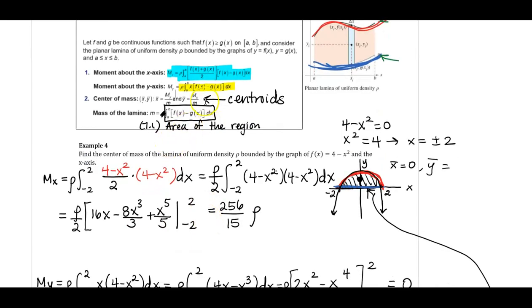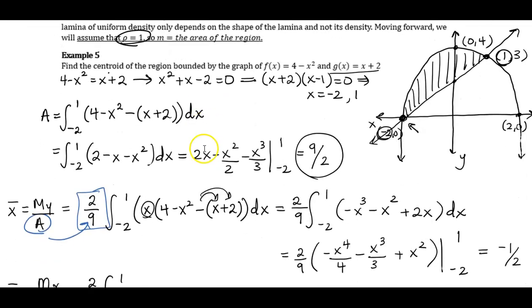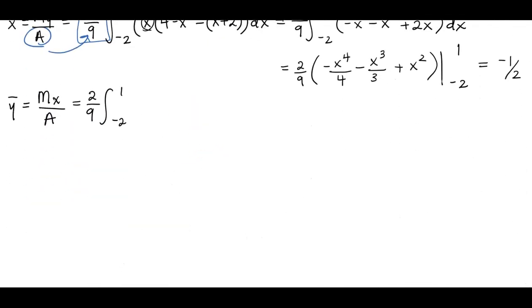Remember that we are assuming rho is equal to 1. So on the inside of our integral, we have f plus g, that's the parabola plus the line, all divided by 2. And then that's multiplied by f minus g, which is the parabola minus the line.